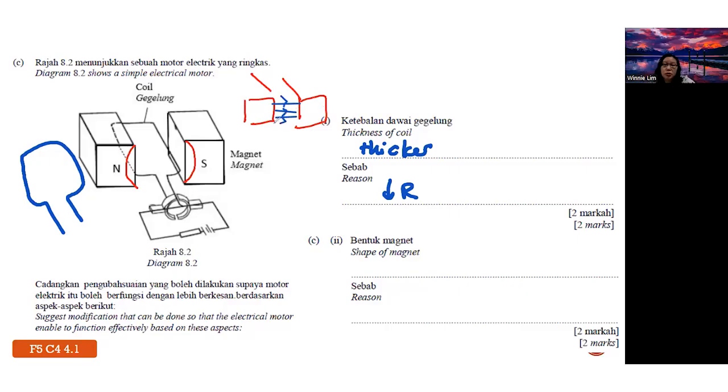If we transform it into a curved shape like this, the field now has a radius, but the field cannot intersect. They curve inwards, like this, north to south. So they will focus on the coil at the center. Clear? This field is also called what field? Radial field. So we say curved magnet, then radial field produced.